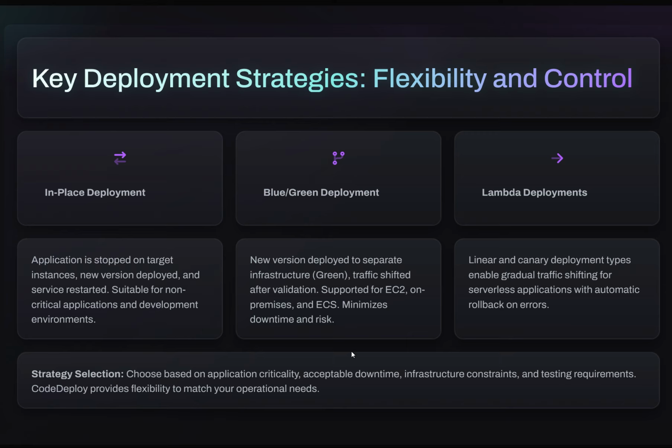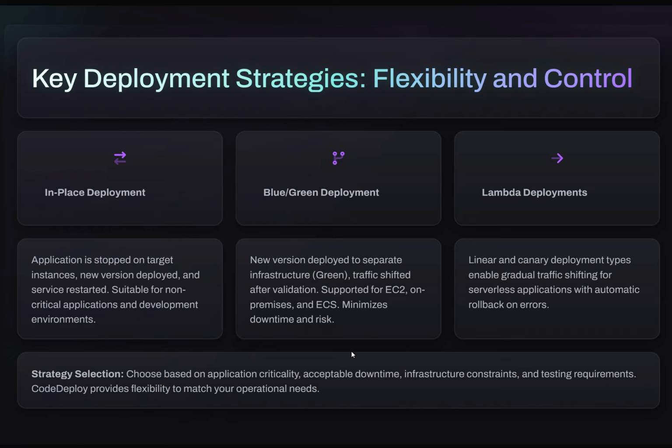It is a staged environment. Blue is the live environment. Green is the new version. And basically you can shift traffic from blue to green. If anything goes wrong, you can revert back from green to blue. So that is the other one. The last one is going to be compute serverless.